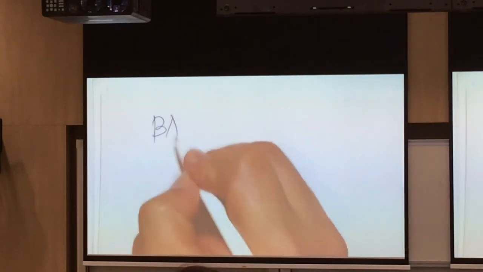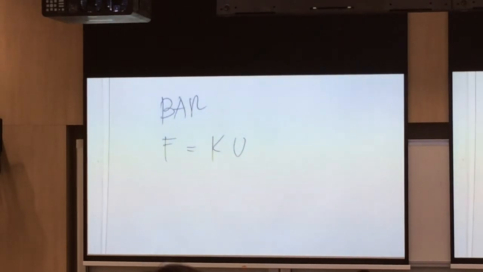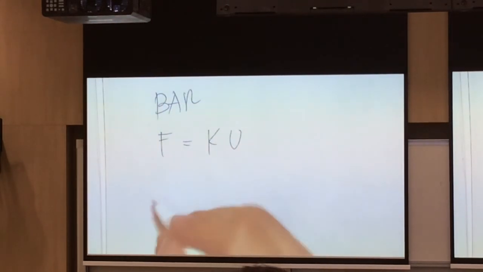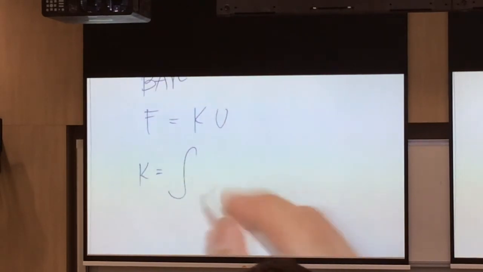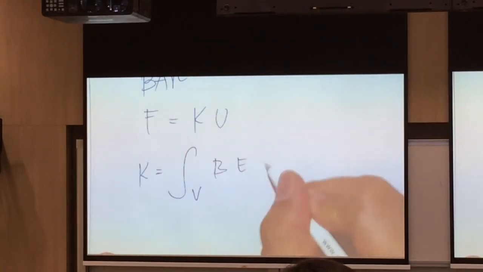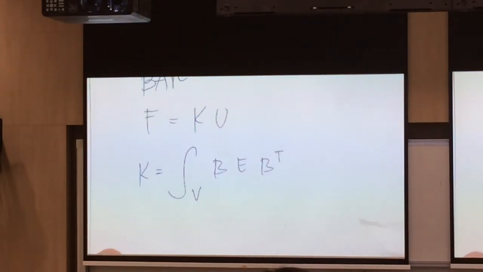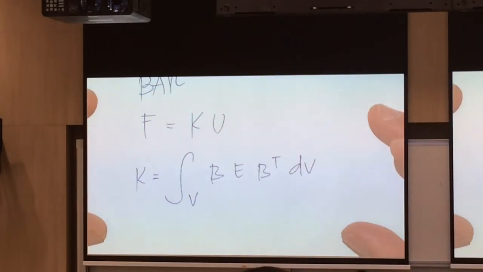We're just here for a bar at the moment, so just for a bar. We have F equal to K multiplied by U. And then K, we were able to get using this equation, the volume integral of your B transpose D B dV. Yes?